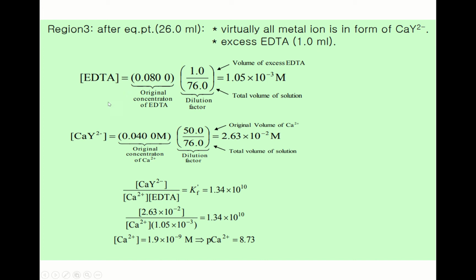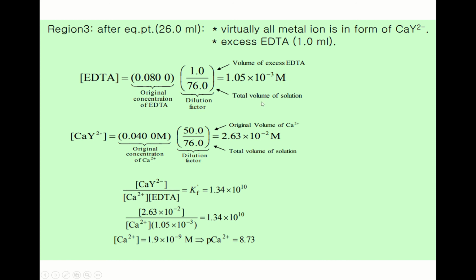We usually calculate the free EDTA concentration: 1 milliliter divided by 76, the total volume, multiplied by the original EDTA concentration, and the answer is 1.05 times 10 to the minus 3 molar.